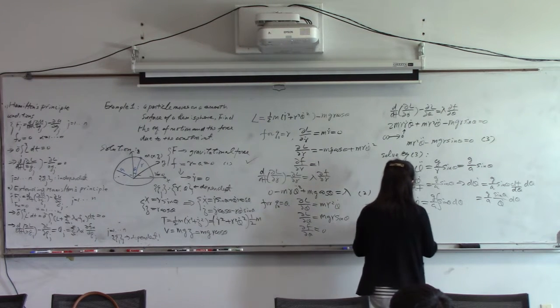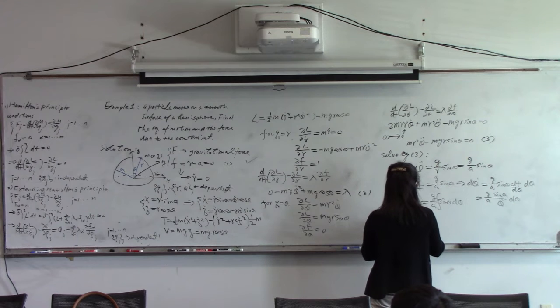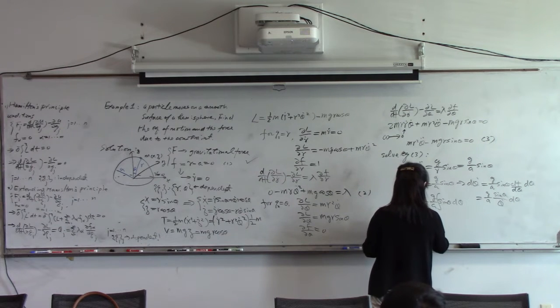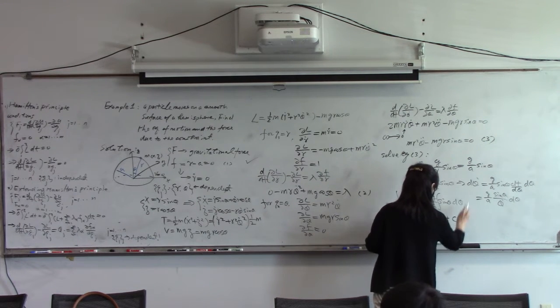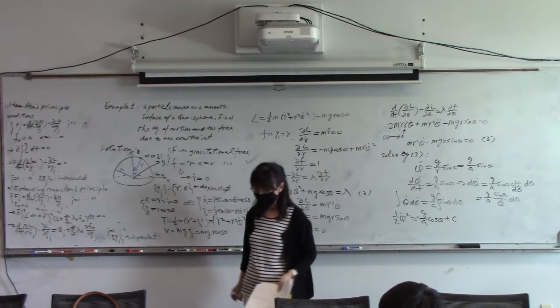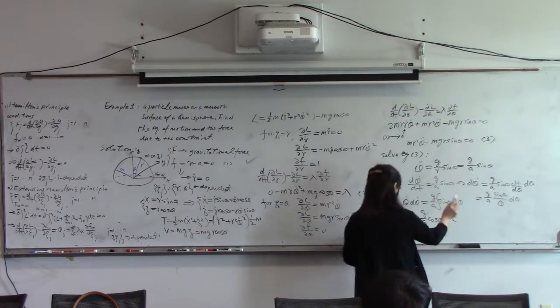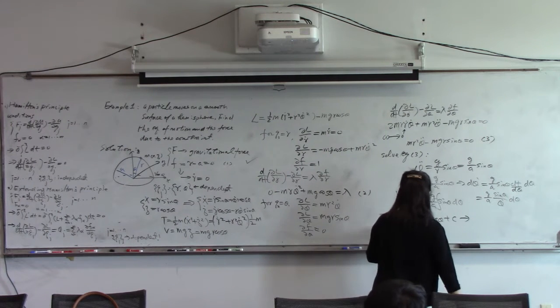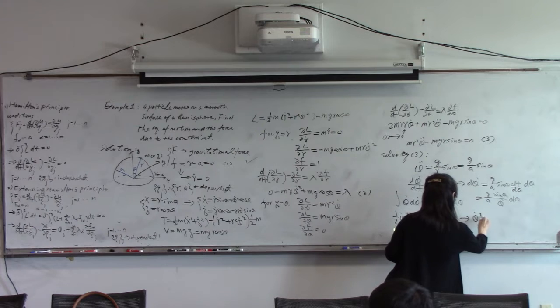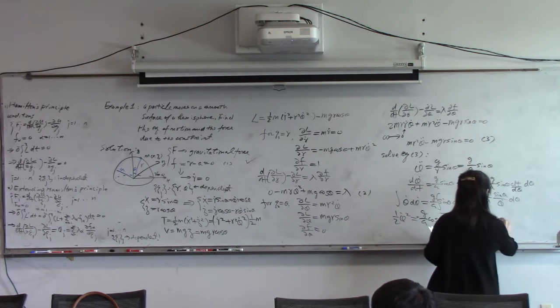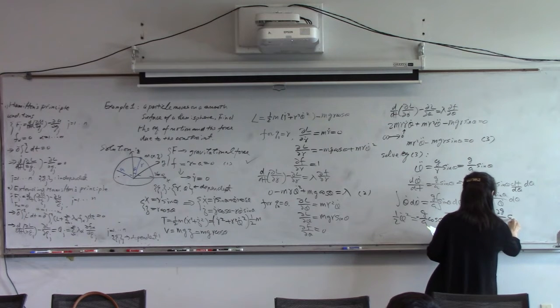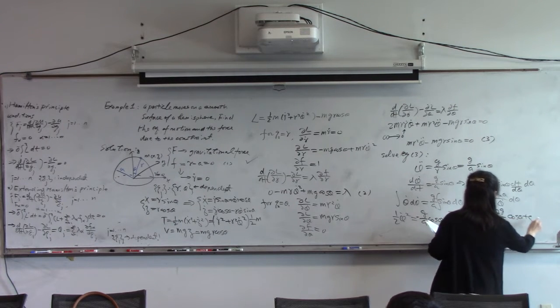So minus cosine theta plus some constant, because this is an indefinite integral, right? So we have theta dot squared equal to minus 2g over a cosine theta plus C.